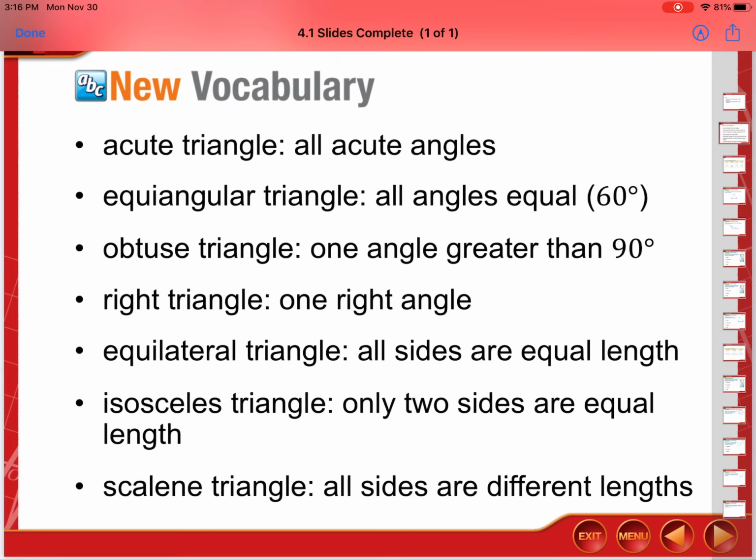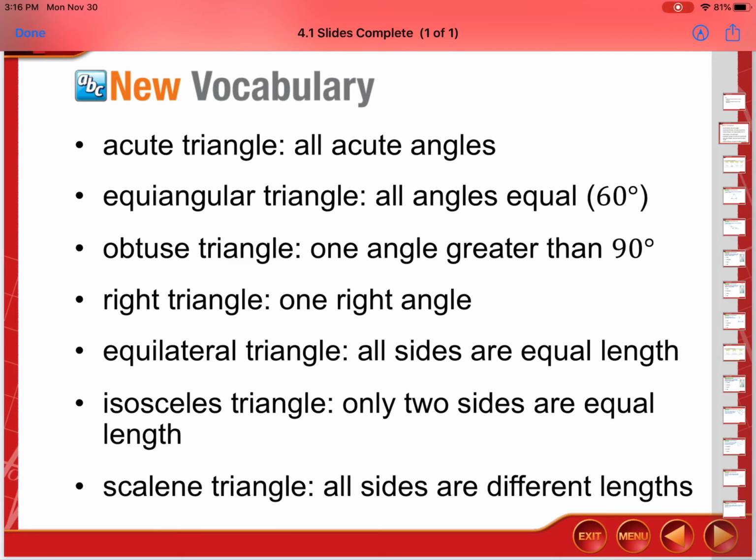So we have a whole slew of new vocabulary today. I'm just going to brush over it. All the definitions are there in general. An acute triangle has 3 acute angles. An equiangular triangle has all angles equal to each other, so they're all 60 degrees. Obtuse triangles have 1 obtuse angle, or 1 angle greater than 90 degrees. A right triangle has 1 right angle.